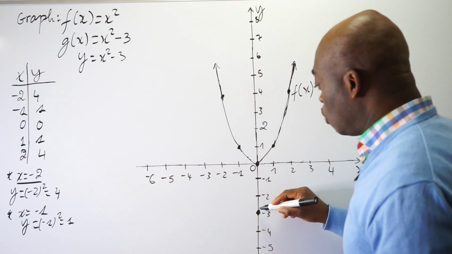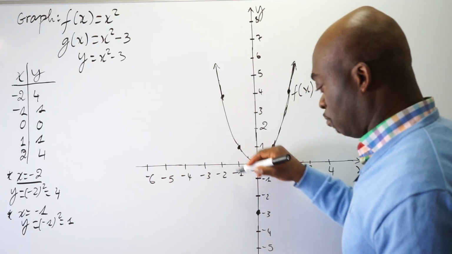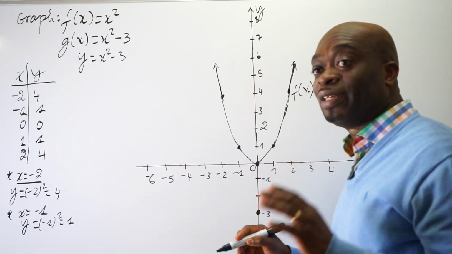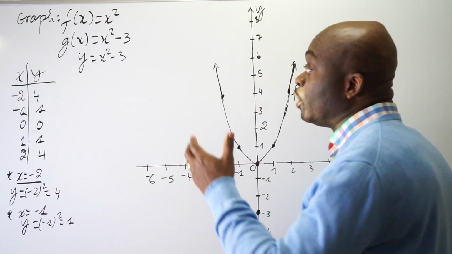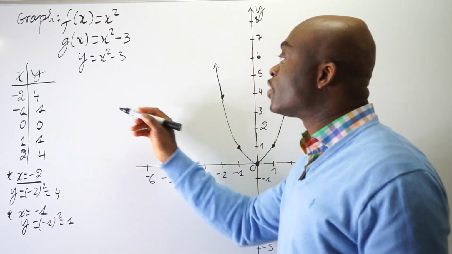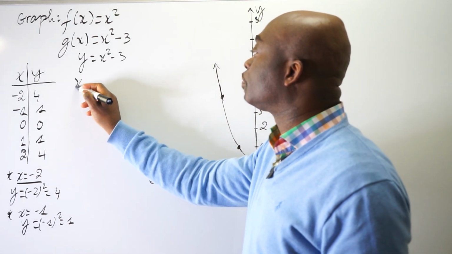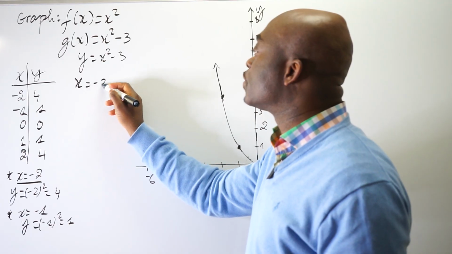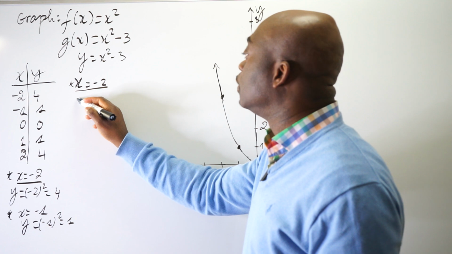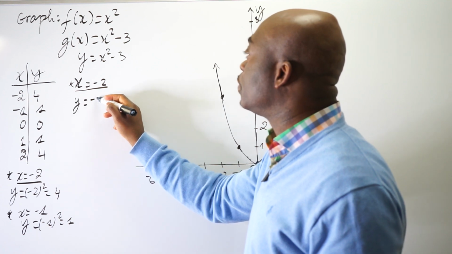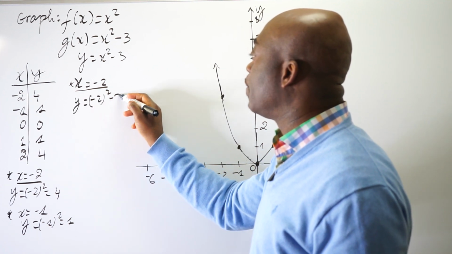We can always just continue like this, but to not make mistakes in calculating the coordinates of the points, we can quickly say: if x equals negative 2, then y equals negative 2 to the second power minus 3.